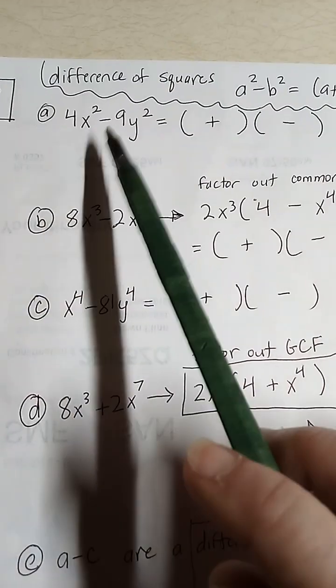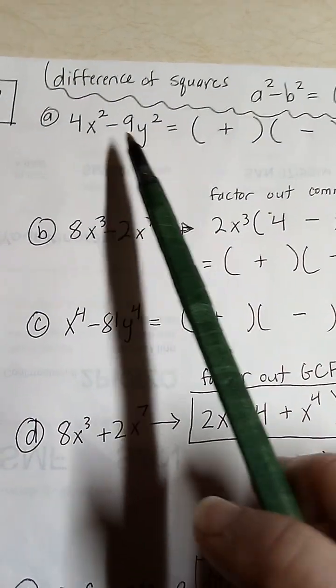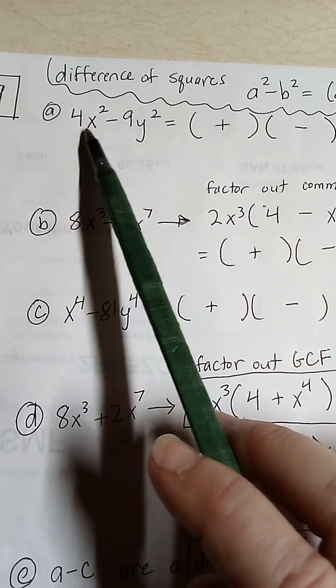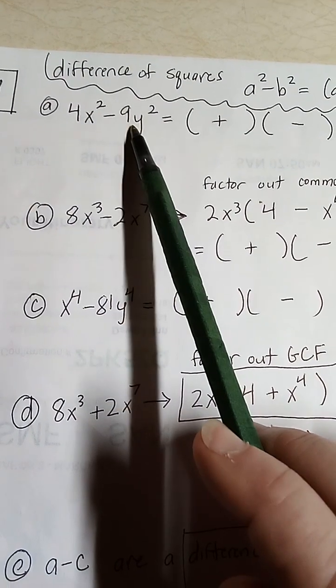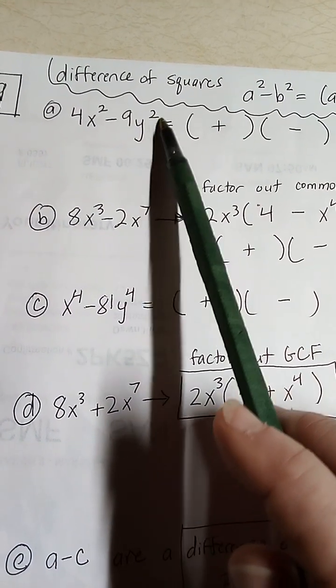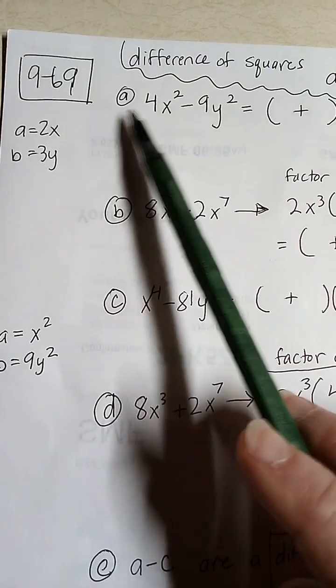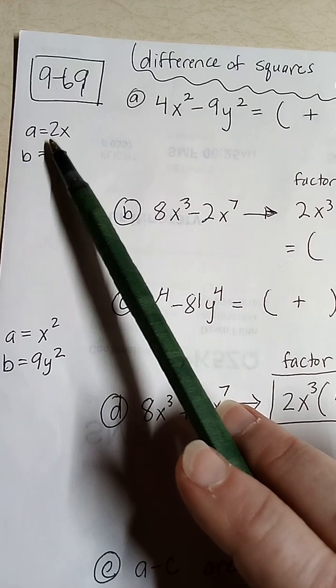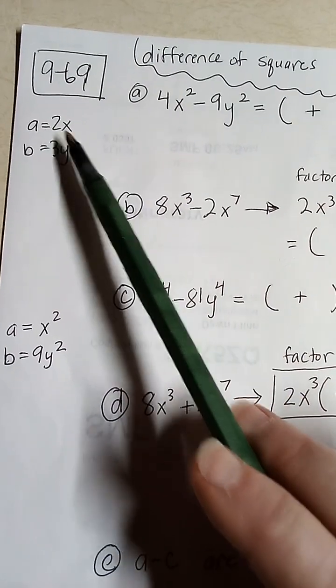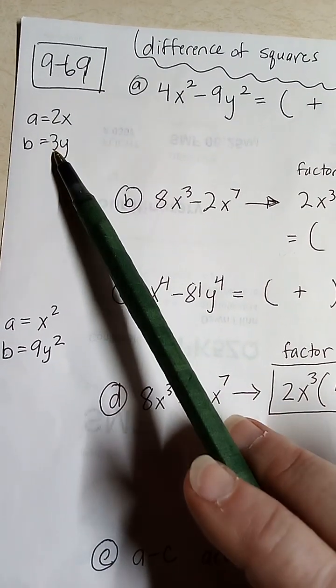So the first one, I've identified it as a difference of squares because 4 is a perfect square, x squared is a perfect square, 9 is a perfect square, and y squared is a perfect square. So I'm going to take the square root. The square root of 4 is 2, and the square root of x squared is x. So see, I've got a and b.